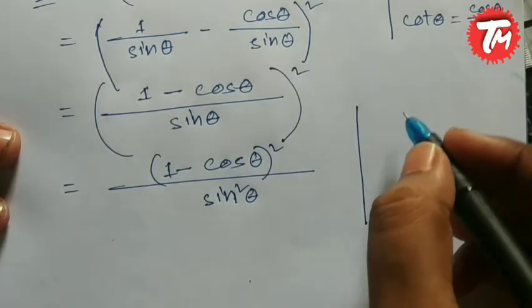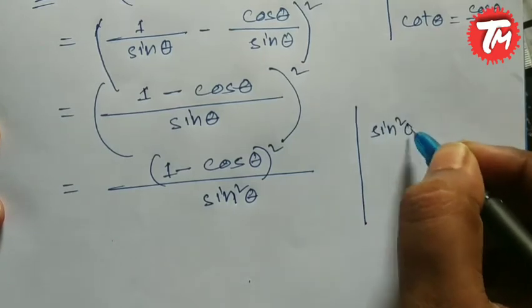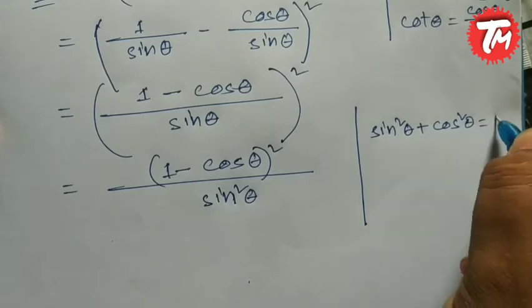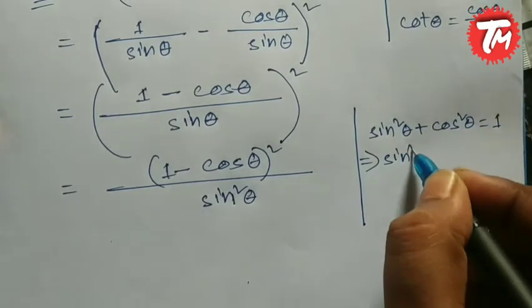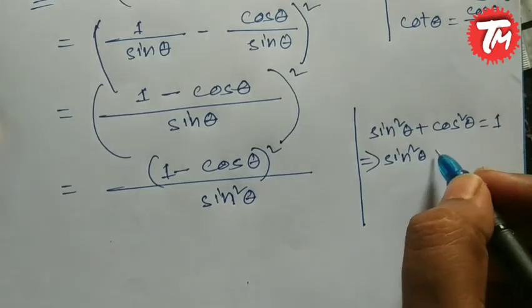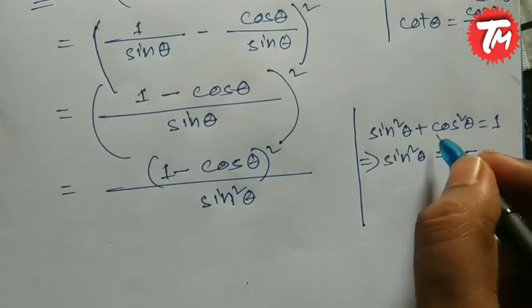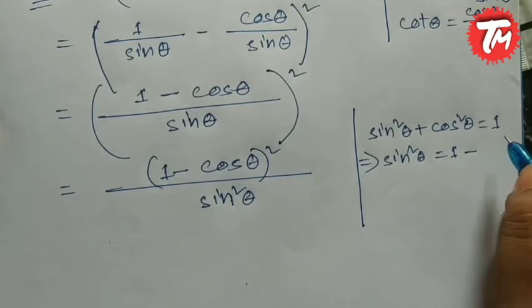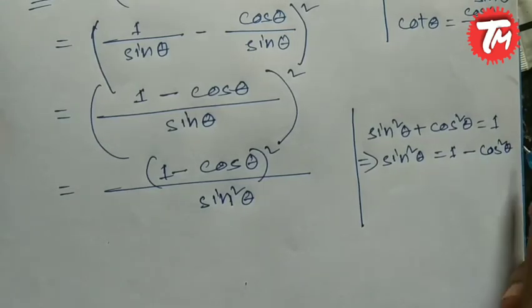Again we know that sin square theta plus cos square theta equal to 1. So sin square theta equals 1 minus cos square theta, moving cos square theta to the right hand side.